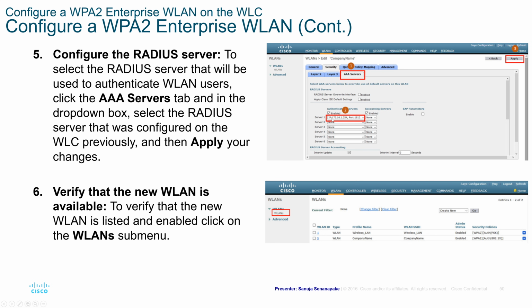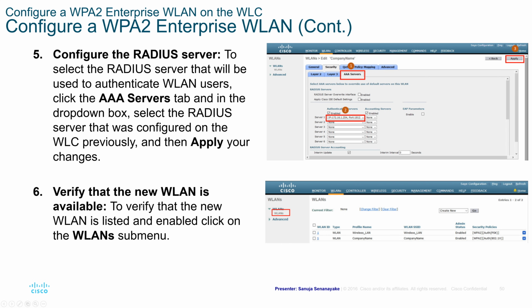In this case, we're going to select the AAA server information that we configured previously in our earlier steps, and we're going to enable it. We're going to make sure authentication and accounting are enabled, and then we're going to hit Apply. That's going to apply that configuration, and once you do that, your page is going to get refreshed.